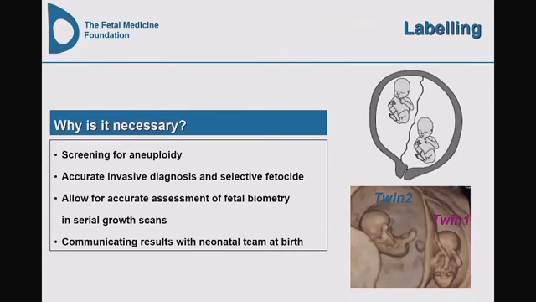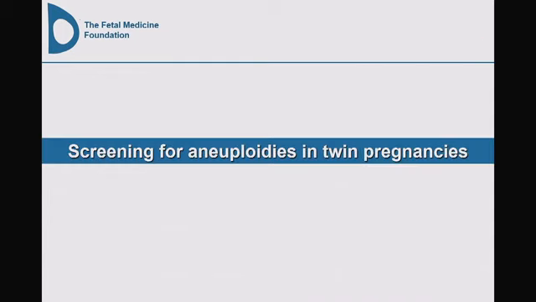If we suspect any abnormality, then we hand the babies to neonatology and we tell them the first baby is normal, but the second one has been diagnosed, for example, with ventriculomegaly. So this is why we need to know from the very beginning the labeling of twin pregnancy, and at least in my unit we have adopted the policy that twin 1 is the one that is closest to the cervix, and of course the subsequent twin is called twin 2.